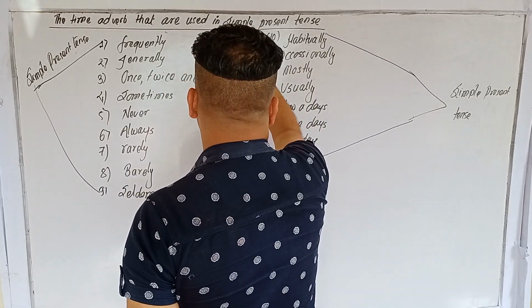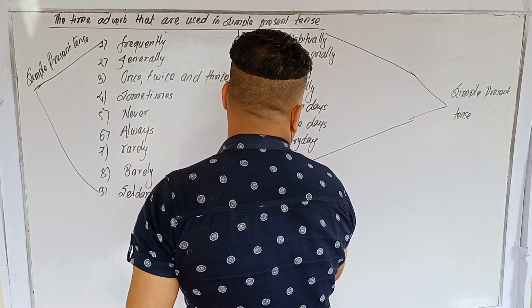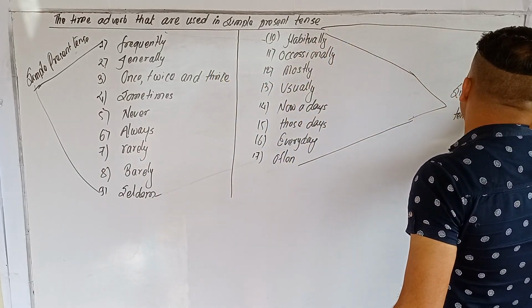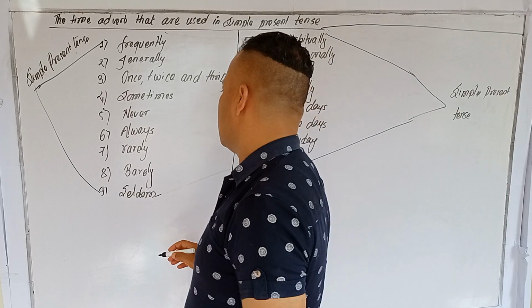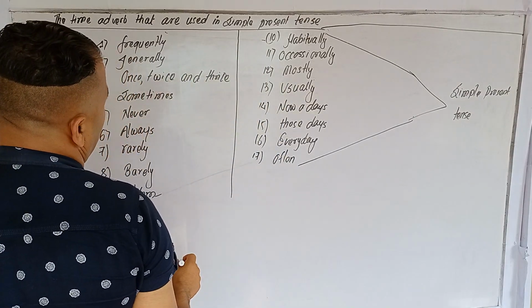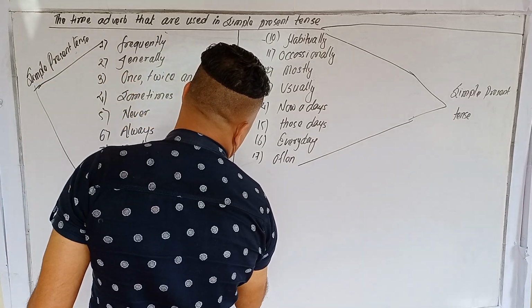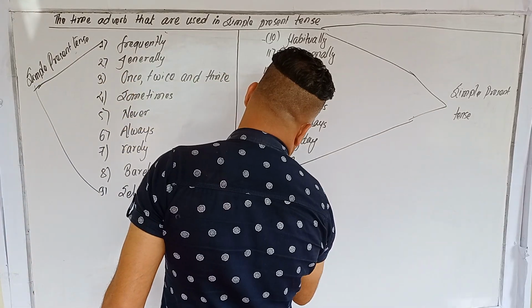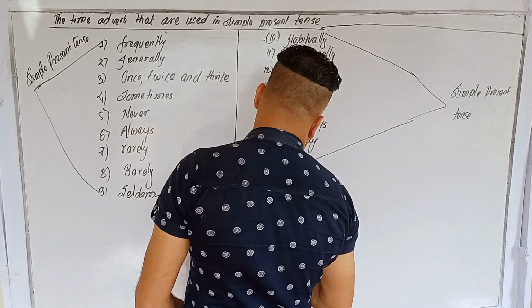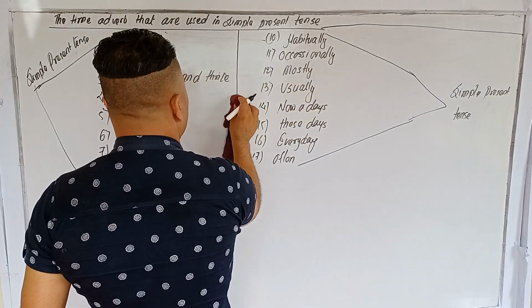Let's see, the diagram is here. Okay, this is the diagram. Simple present tense.